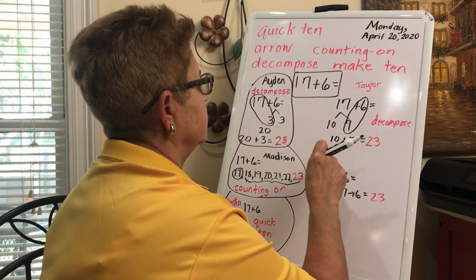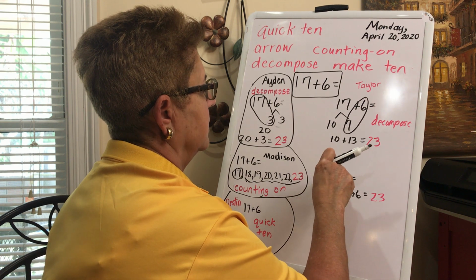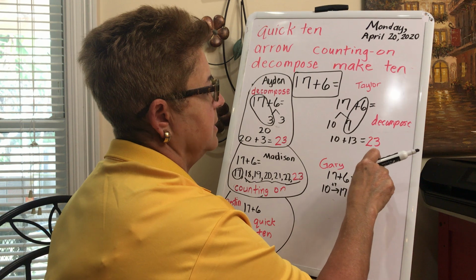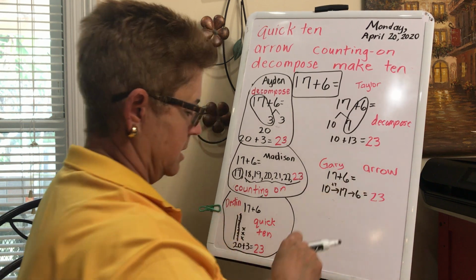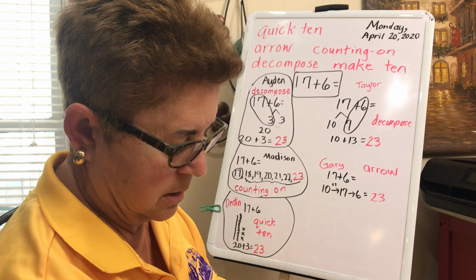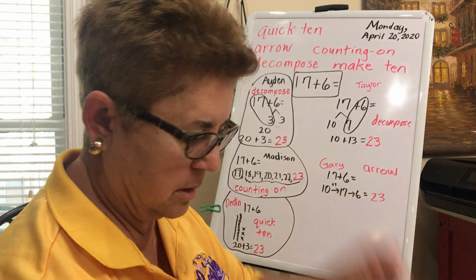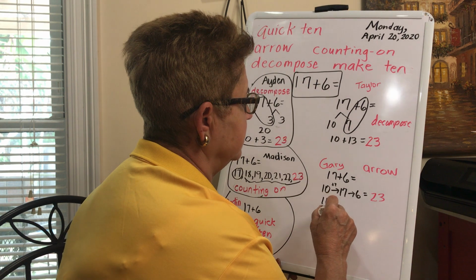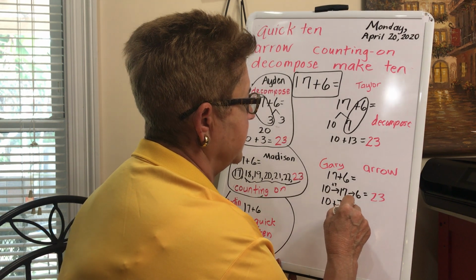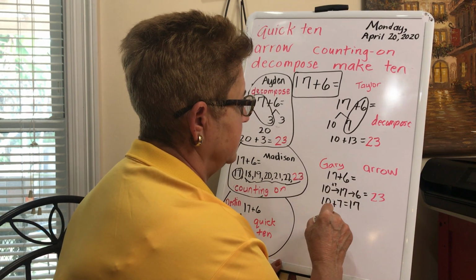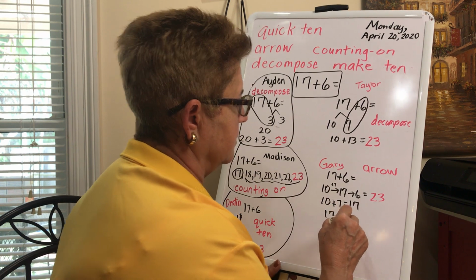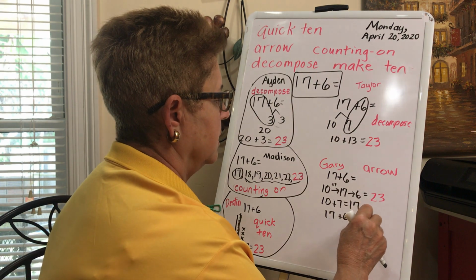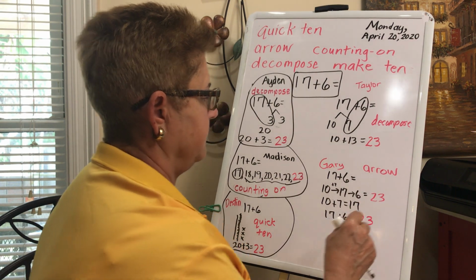And Gary did this one. And so he used the arrow method. So that was 10 plus 7 equals 17. 17 plus 6 equals 23.